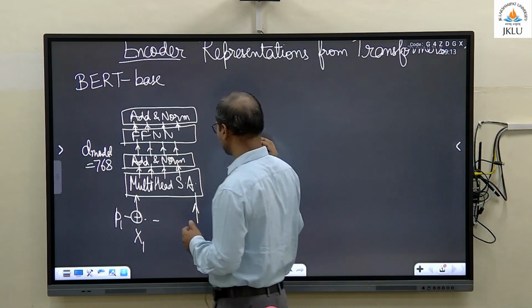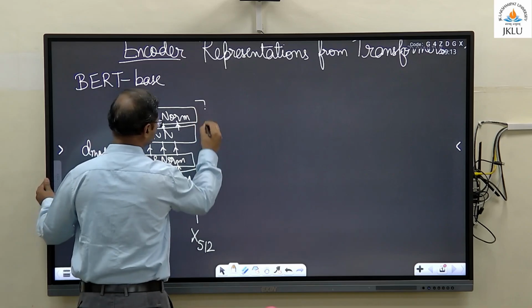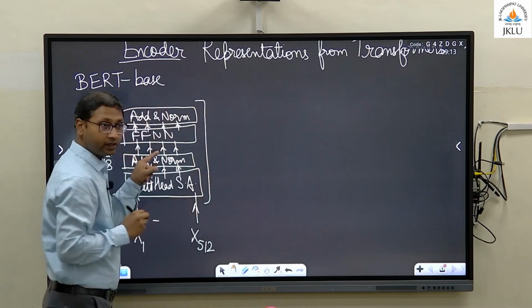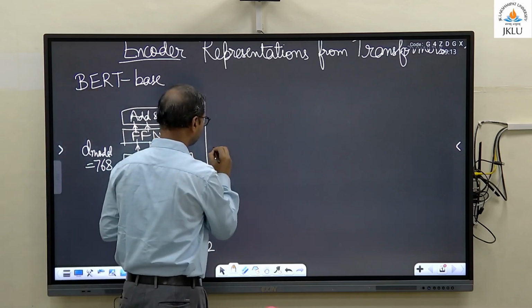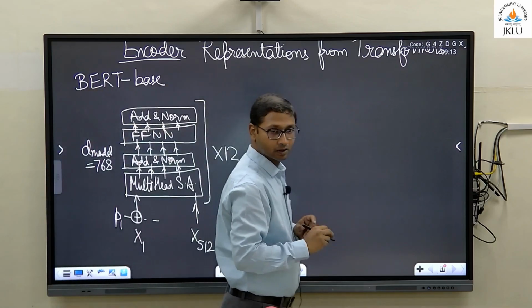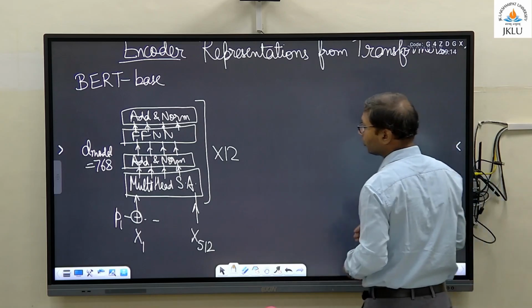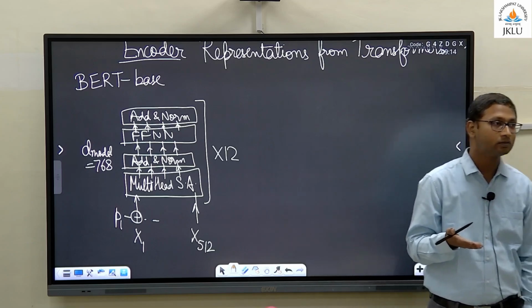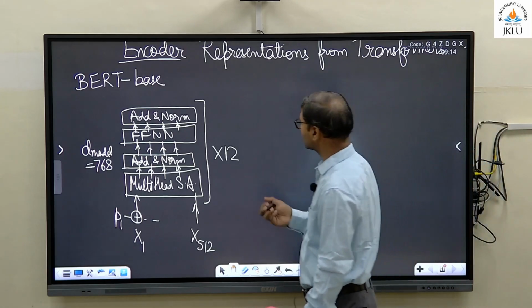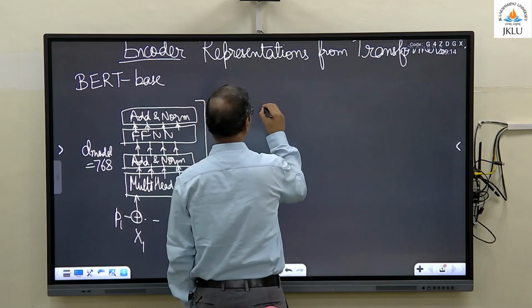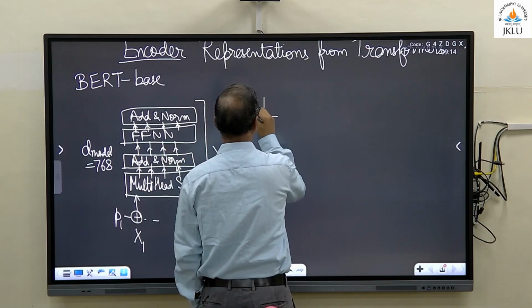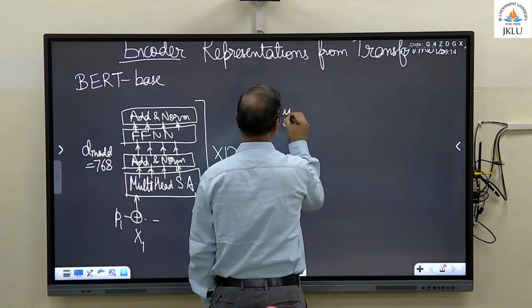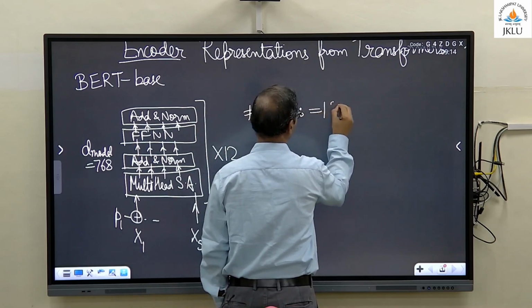Now can you help me figure out? This is one encoder. How many encoders for BERT? How many heads? Can you tell me? Easy now. So heads are also 12. So number of layers is 12.